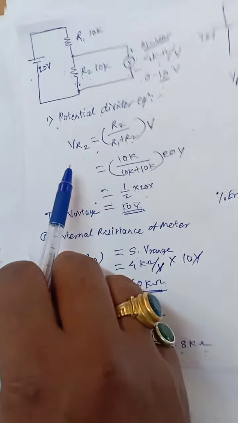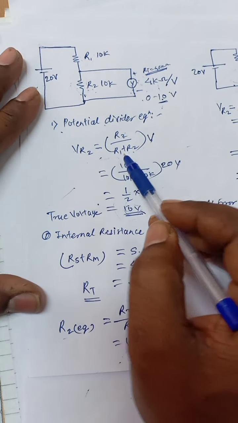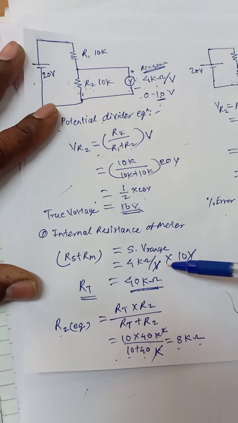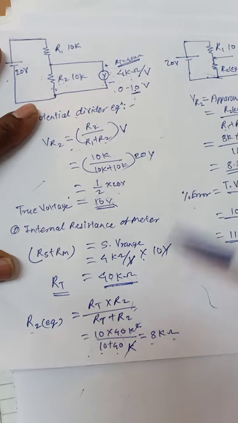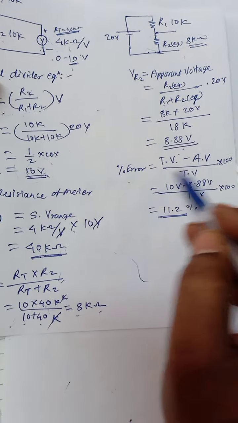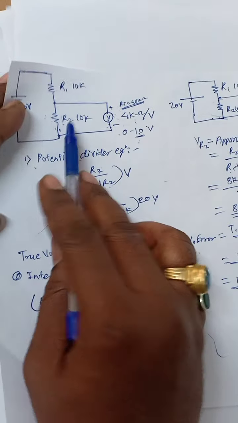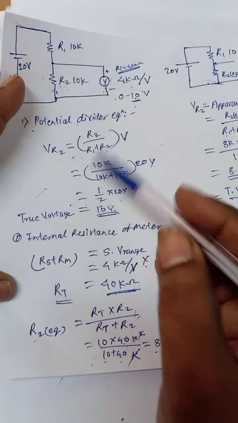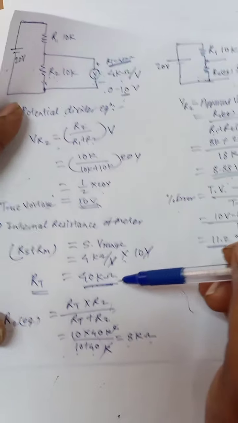You should understand these formulas; some are repeated, and these are the potential divider formulas. This is the percentage error, which means the loading effect. From this problem we can easily understand what the loading effect is.